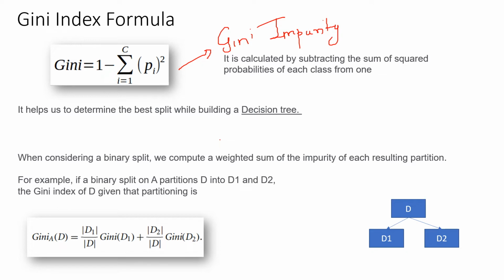Suppose we have a data set D, and we have partitioned this data set on attribute A. It divides our data into two halves, D1 and D2.